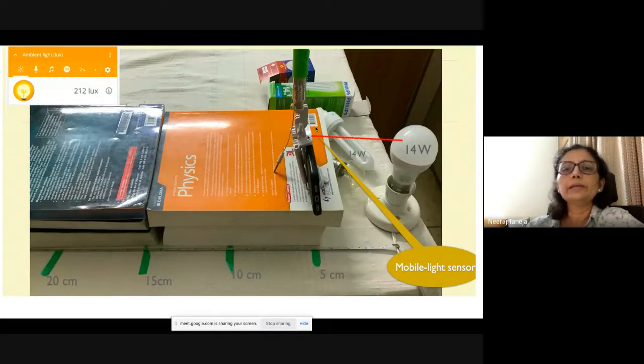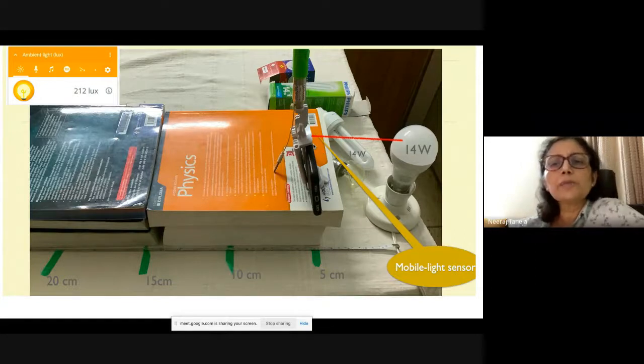And then I marked these pointers at 5 centimeter distance, and I'm going to place this phone at exactly 5 centimeter different distances, after keeping it at a position for a few seconds. And what do we expect to see?